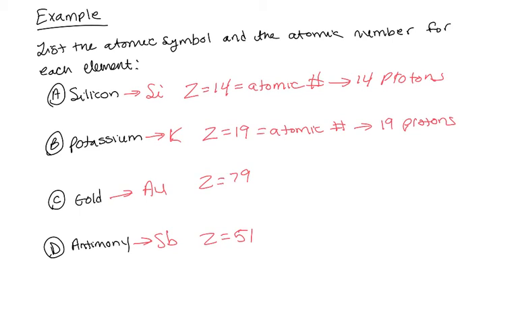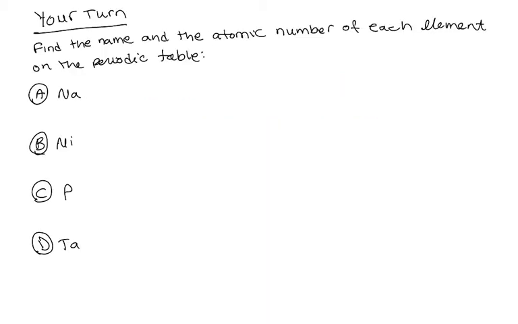Okay, now you go ahead and try this on your own, and we're going to go in reverse this time. We're given the chemical symbol, so we want to figure out the name from the chemical symbol, and we also want to figure out its atomic number. So Na is sodium, and we find that its atomic number is 11.